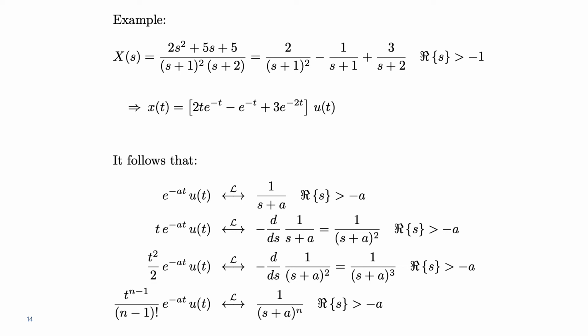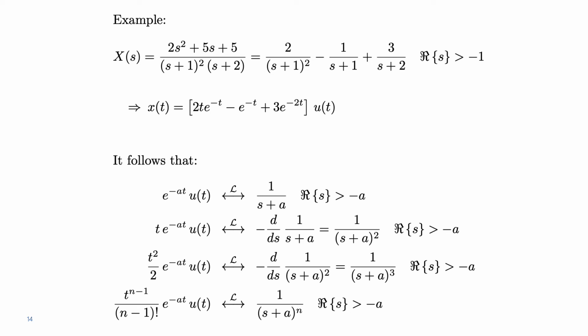Because this fraction has a term of the second order, we will need for that term two fractional expansions, one of the first and one of the second order. This is really critical. So in the end, we will need three: one term for (s plus 1) squared, one term for s plus 1, and one term for s plus 2.